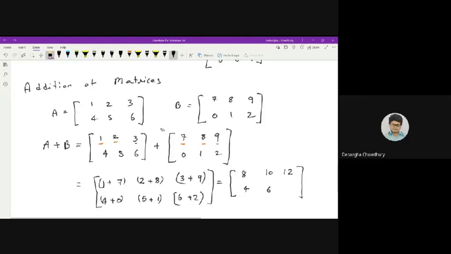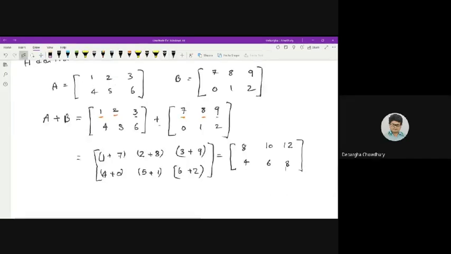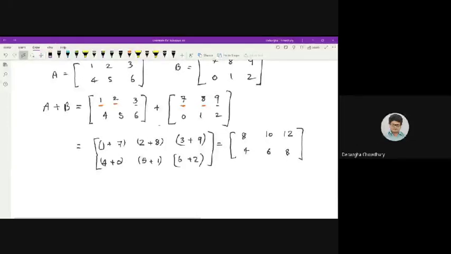So basically, this is the main idea of adding two different matrices. Similarly, the same method applies when we are supposed to subtract two matrices. Suppose we have to find A minus B. So this means what? I would write the elements of A minus 7, 8, 9, 0, 1, 2.